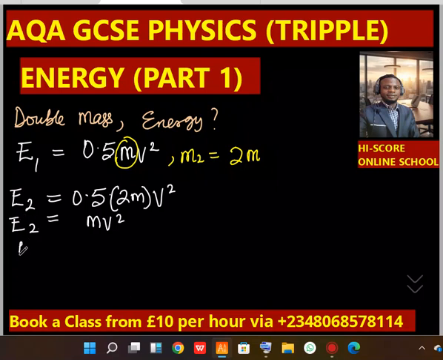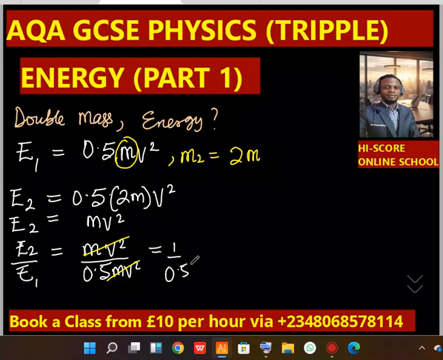If we take the ratio of E2 over E1, that will give us mv squared divided by E1, which is 0.5 mv squared. This will cancel this, and we are left with 1 all over 0.5, which is equal to 1 over 1 times 2 over 1, which is equal to 2.